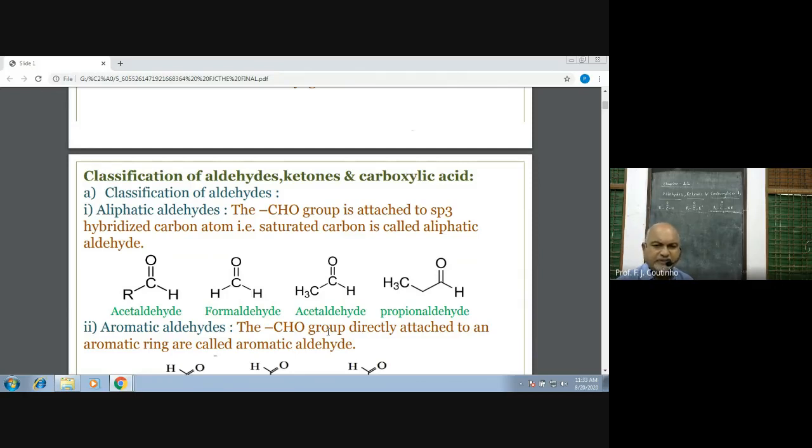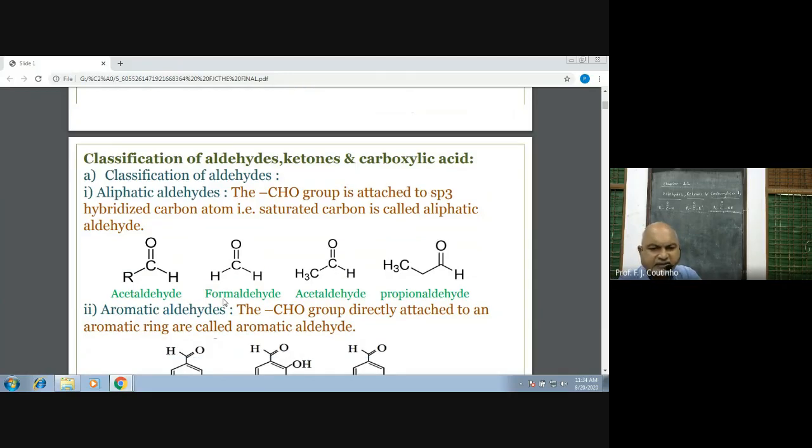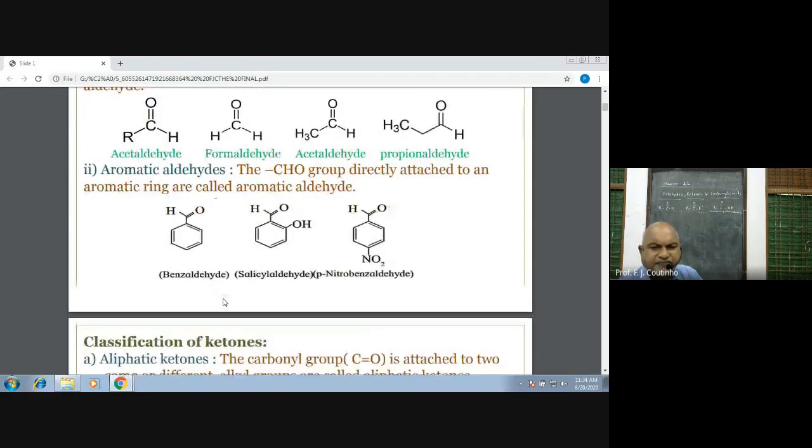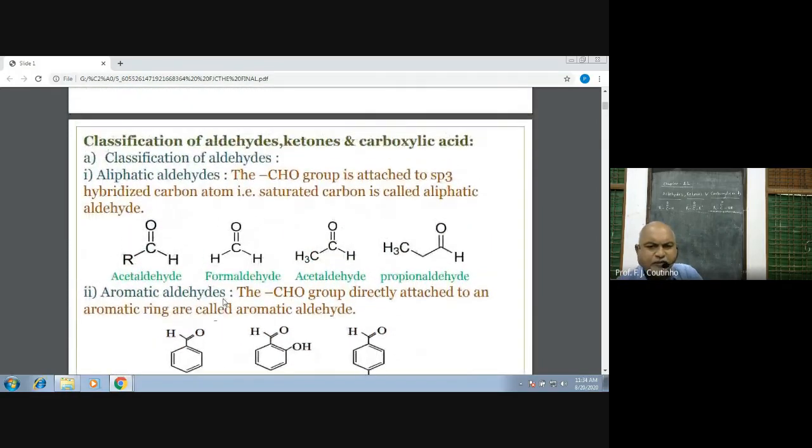But the right hand side differs, it is not the same in aldehydes and ketones, it goes on changing. So first we'll study the classification of aldehydes. Aldehydes are classified as aliphatic aldehydes and aromatic aldehydes. Now what do you mean by aliphatic? Aliphatic means it is an open chain.